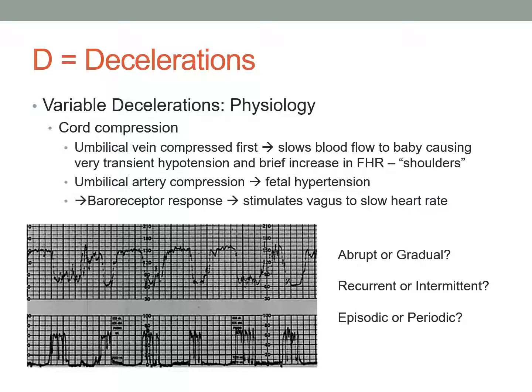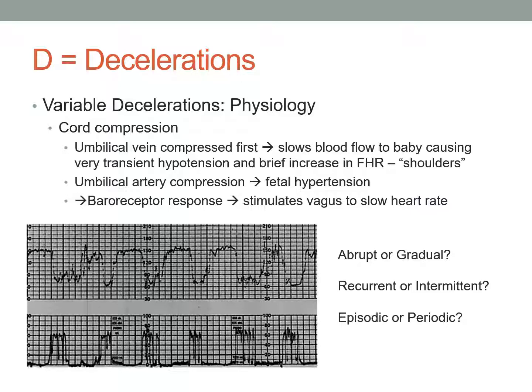So when the vein is compressed, there is suddenly decreased blood flow to baby and a decrease in cardiac output. This is going to cause an increase in fetal heart rate, and a transient increase in heart rate is often termed a shoulder on the deceleration, where you see this brief increase in heart rate before the variable decel, and you can see it at the end of the deceleration as well.